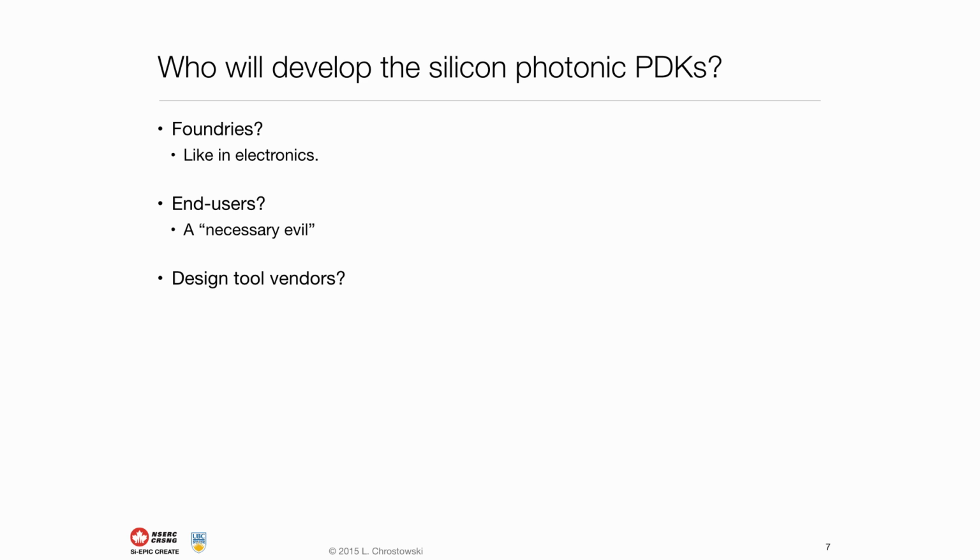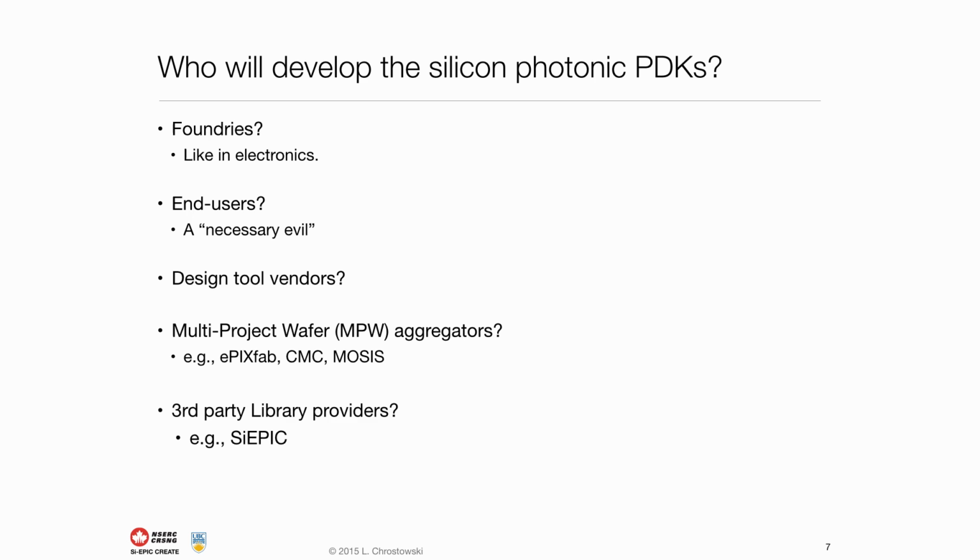Design tool vendors have an interest in helping the community, so they are helping develop the PDKs, particularly in the early days. Next, we have the multi-project wafer aggregators such as EPIC Fab in Europe, CMC Microsystems in Canada, or MOSIS in the United States. Finally, we have third-party library providers. In CMOS electronics, there have been several companies that provided libraries, so a similar opportunity exists in photonics. In a sense, the SiEPIC program has been in this category as an academic effort to develop PDKs and libraries.